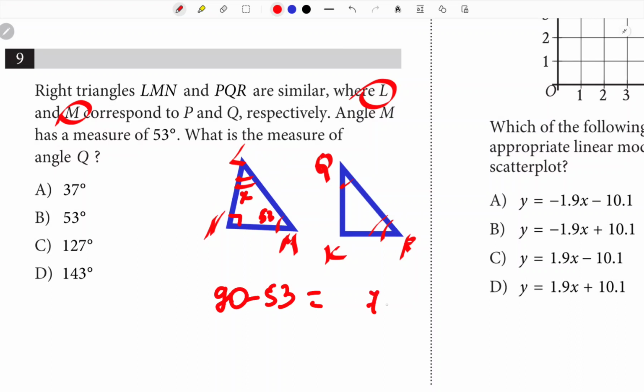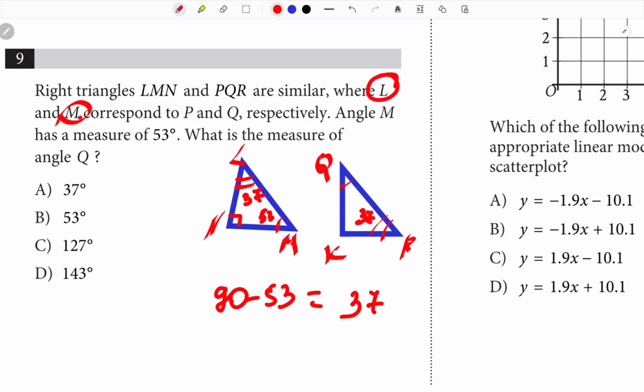So that is 37, here is 37, so it means that L corresponds to P. Write that 37.